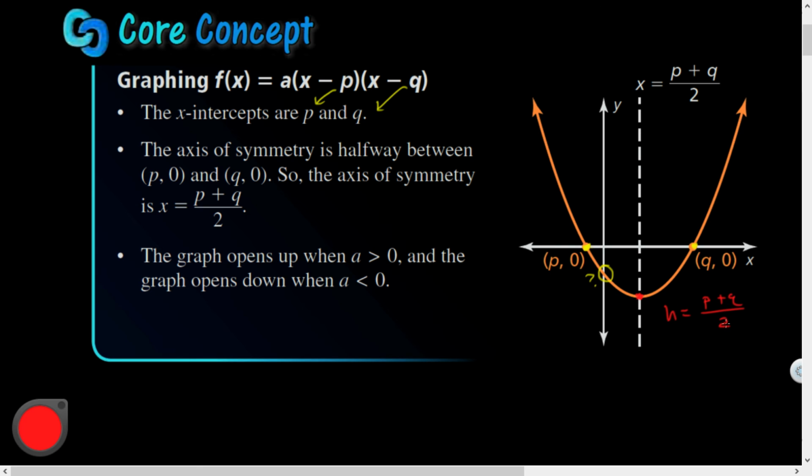Add them up and then divide by 2. Don't divide just q by 2. That wouldn't work. The graph opens up or down when a is greater than 0 and when a is less than 0.